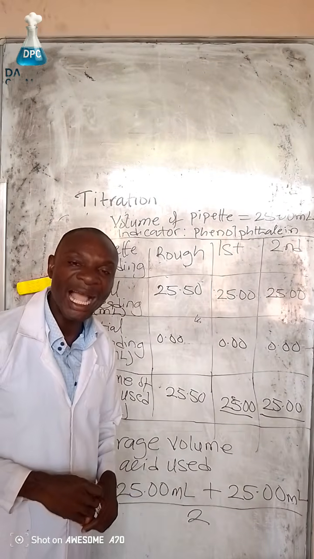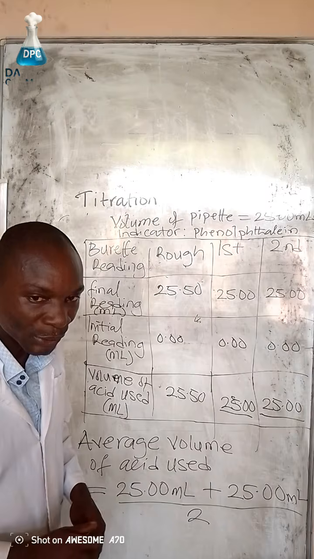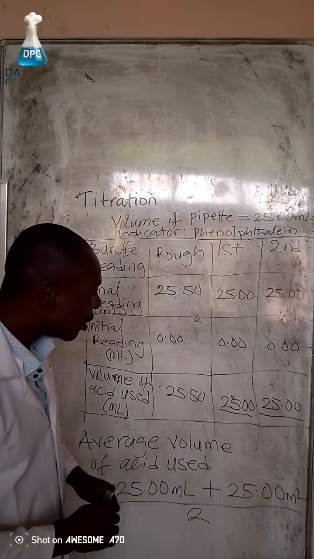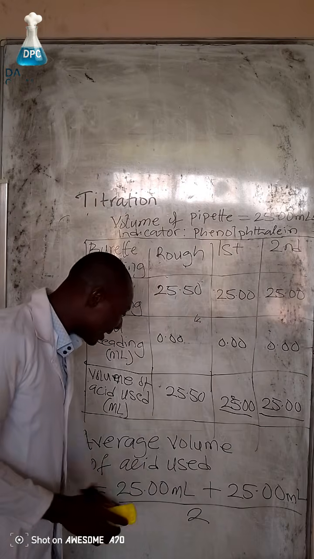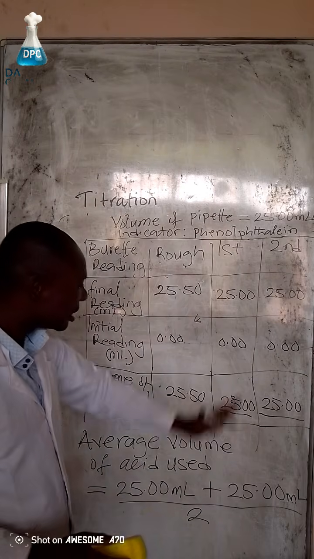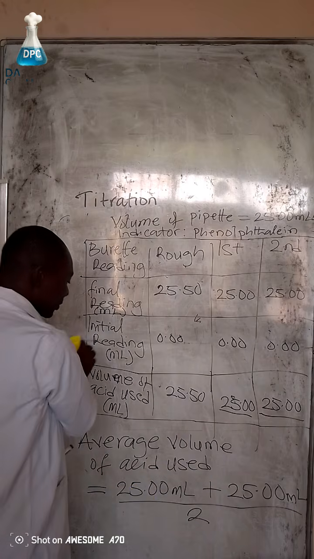That will be the average titre or average volume of acid used. You now take note of that. Now, having that clear, I would like to raise the board and then we proceed with other calculations.